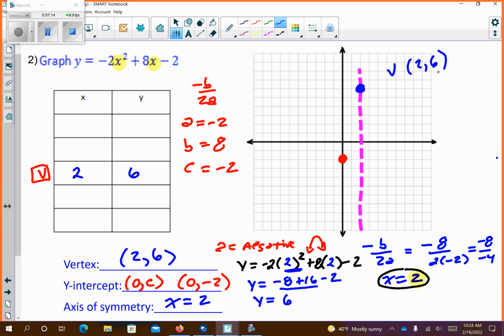They're an equal distance above or below the vertex, but it's not something that we focus on here. Sometimes in future classes, especially college algebra, they will talk about the foci and the directrix. But as far as we go, if any of you have an outside tutor, they're going to ask, do we have to find the foci and the directrix? No, we will not be expected to do it.